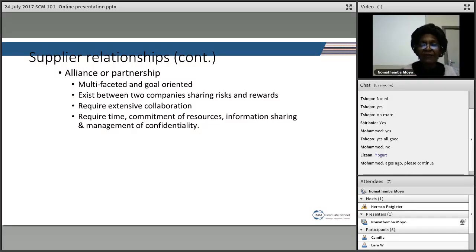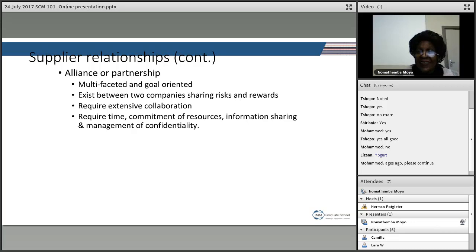In a collaborative relationship, recognition of interdependence is necessary for cooperation between purchasing organizations and suppliers. Then supplier relationships with what is called alliance or partnership. This is multifaceted and goal-oriented. They exist between two companies sharing risks and rewards.